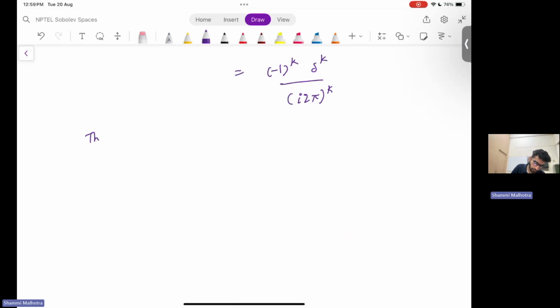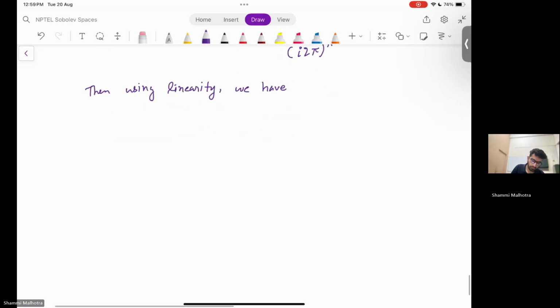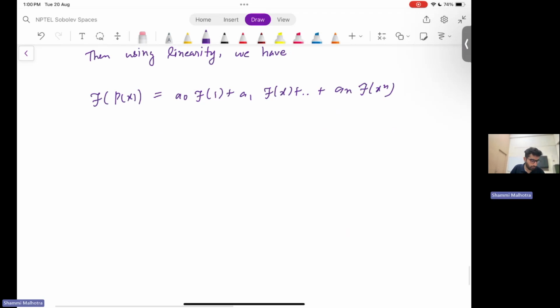Then using linearity of the Fourier transformation, the Fourier transformation of the polynomial is a0 times the Fourier transformation of 1, plus a1 times that of x, up to an times that of x to the power n. This can be written as a0 delta plus a1 (-1)/(2 pi i) delta', up to an (-1)^n/(2 pi i)^n delta^(n).